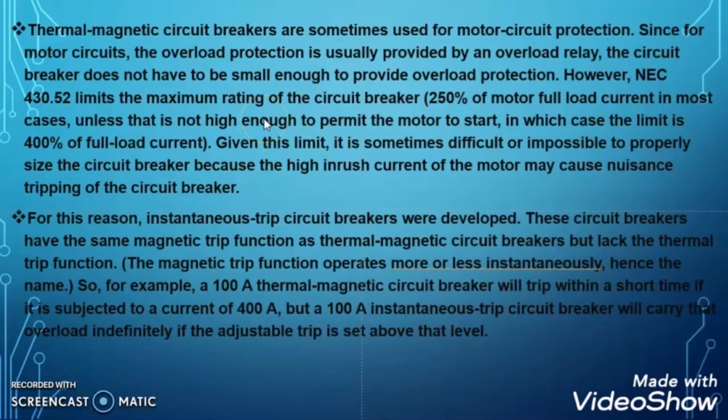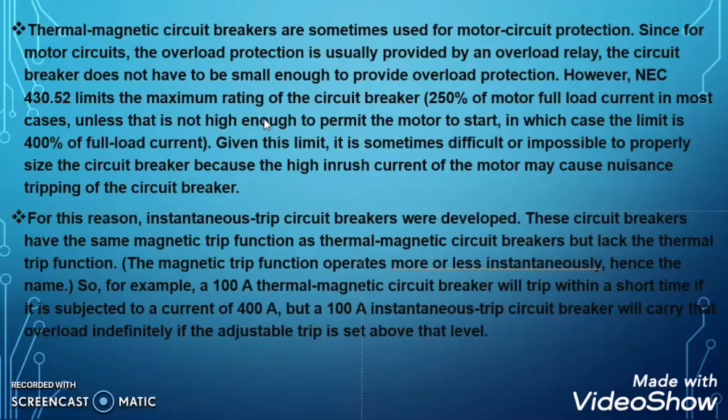Sometimes it is very difficult, or sometimes impossible, to rate a circuit breaker for a motor which will give both protections, that is overload protection and short circuit protection. Why? Let me explain this.